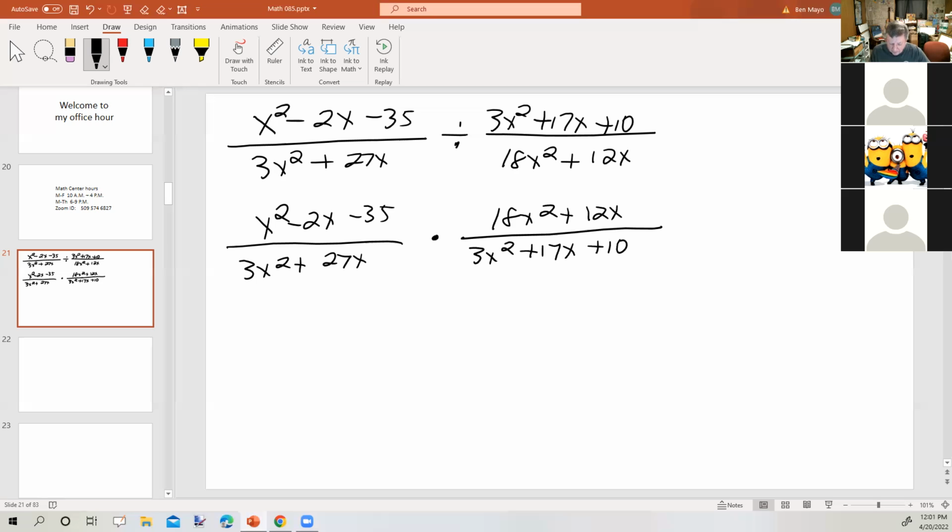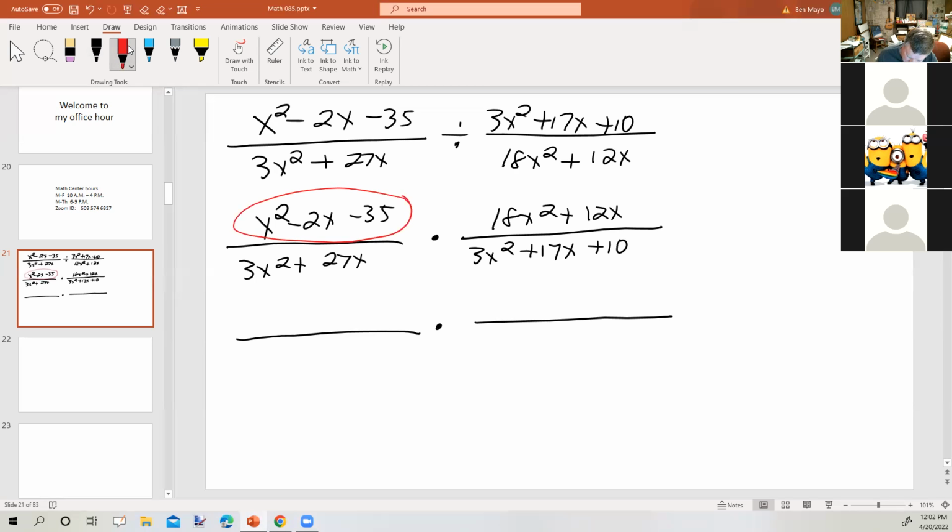No. All right, now we're going to come back and we're going to factor each separate piece. So there we have a trinomial. It's in standard form. There's no greatest common factor. It's not a perfect square, but it does have a leading coefficient of 1. So we're going to break it apart like that.